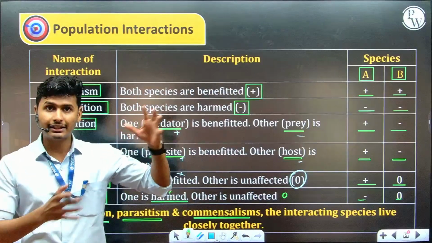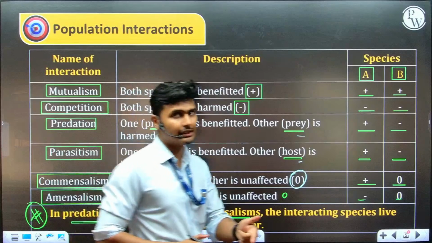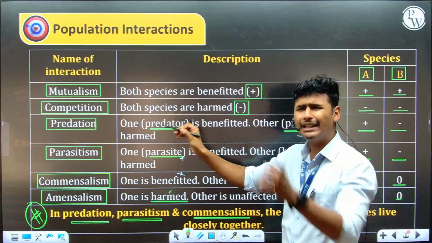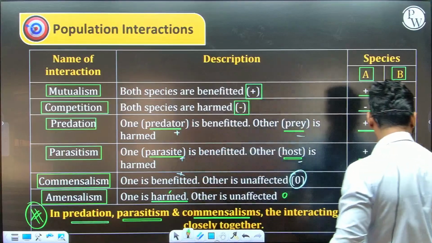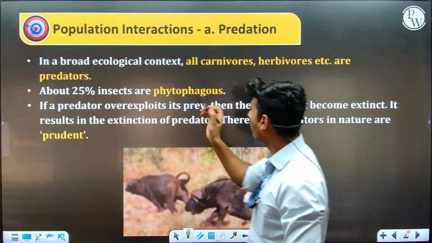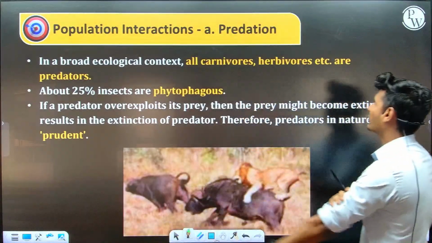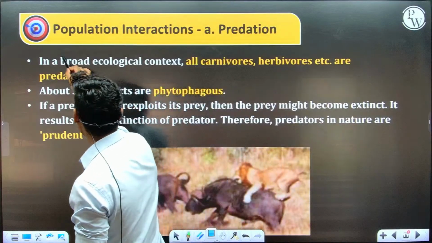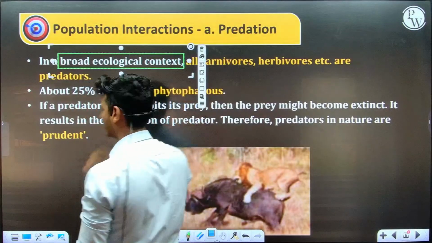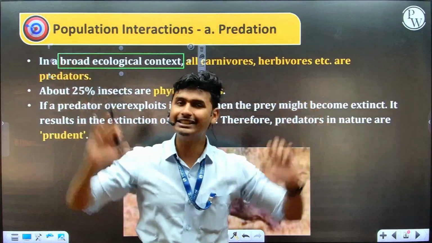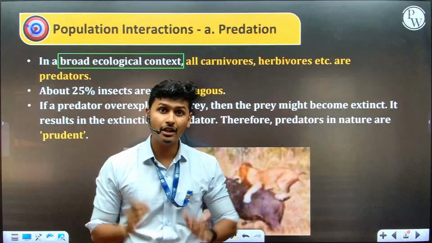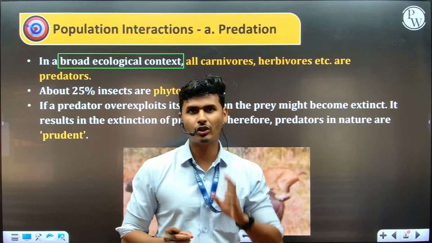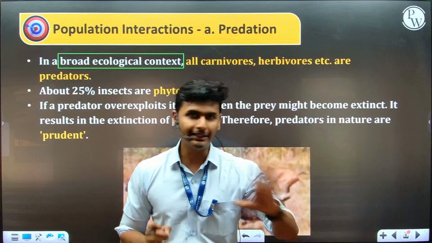If you are understanding this, let's move towards the next topic, that is mutualism and commensalism, particularly with examples. Now, first one is population interaction, predation. They are saying in a broad ecological context, if we think broadly, not narrow-mindedly, we are eating plants, and non-vegetarian people are eating animals.